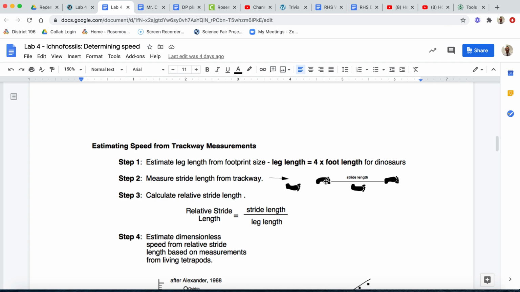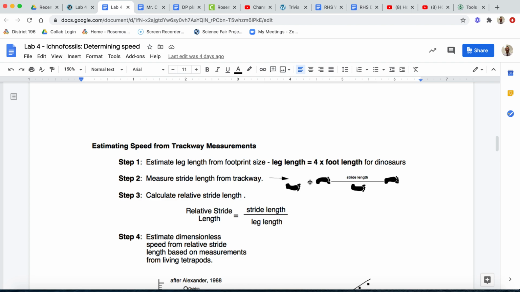This is where your wet shoe tracks are. A stride length, as you can see, is with the same foot. In this case it's left foot to left foot, front of the foot to back of the foot. That is your stride length. It is not left foot to right foot, it's left foot to left foot.